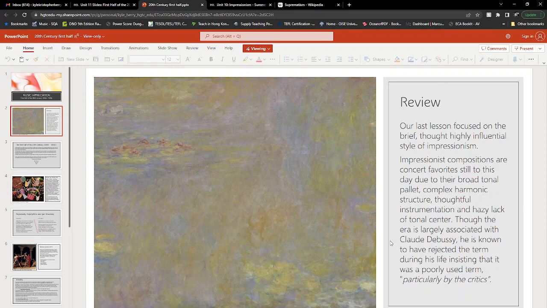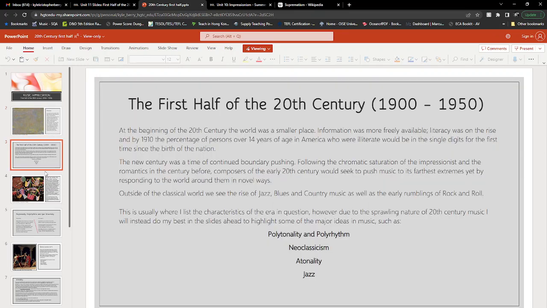He did many paintings of water lilies during his life, some more hazy than others. I chose this one because it's a particularly hazy, particularly Impressionist example. Things are getting more hazy, more foggy, more unclear, and I think that's a good precedent as we move forward into the 20th century.